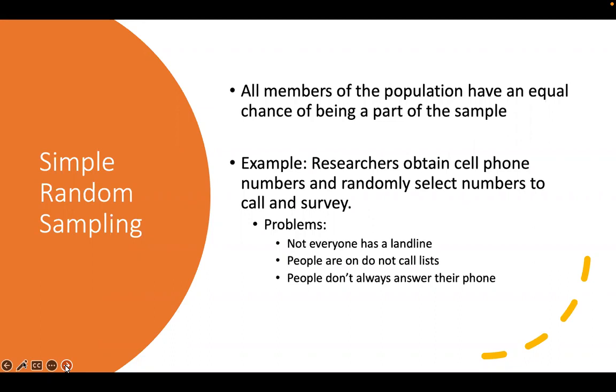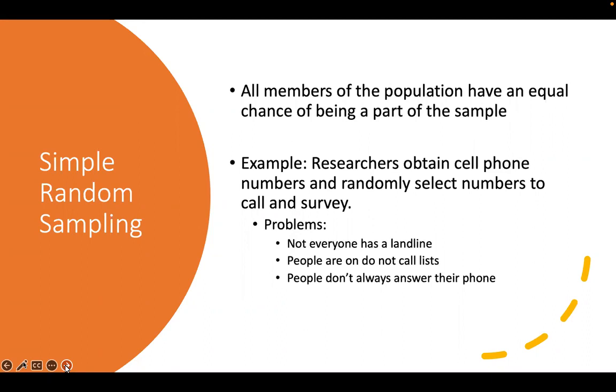Now the problems with this, in this particular example: not everyone has a landline. Some people are on do not call lists. People don't always answer their phones. And if you're trying to call and survey people, you're only going to talk to those who answer their phone, and if they don't hang up on you. So you might get a disproportionate number of maybe old people who are lonely and will talk to anyone.